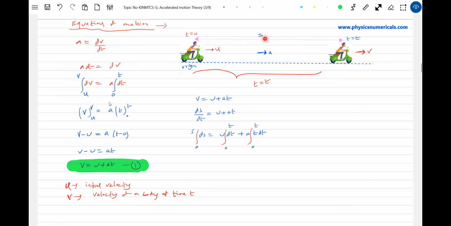Are you seeing this? The distance covered is s. At time t, it will have a displacement of s. So this will become the integral from 0 to s, giving s minus 0 equals u t minus 0, plus a by 2 into t square minus 0 square.